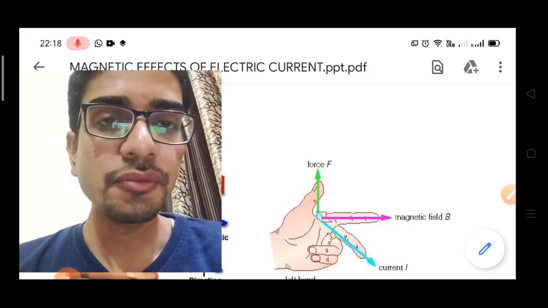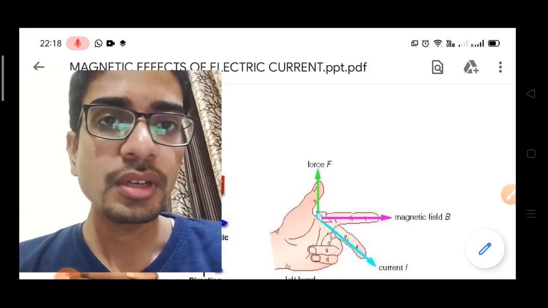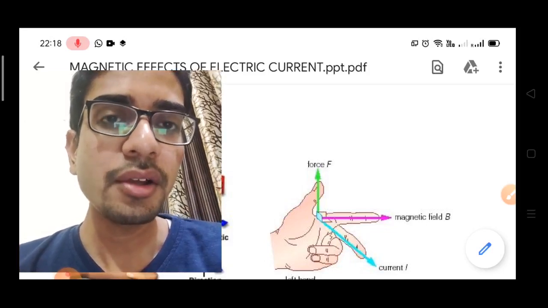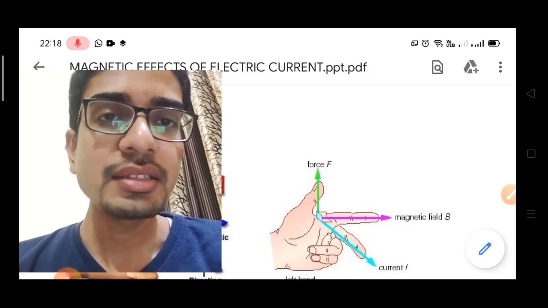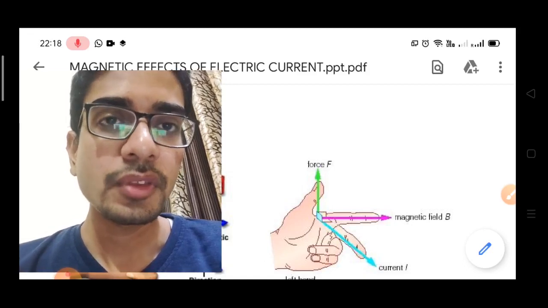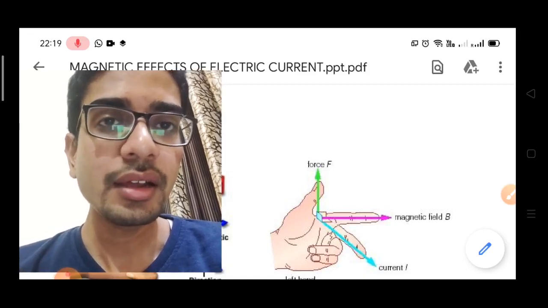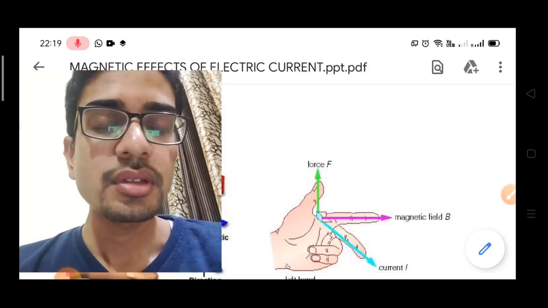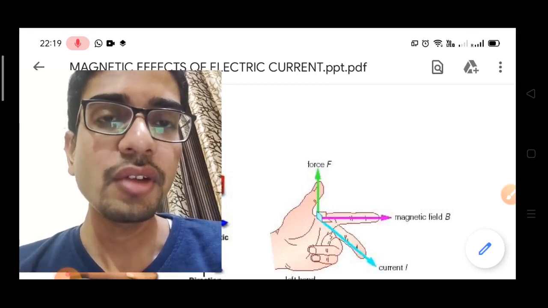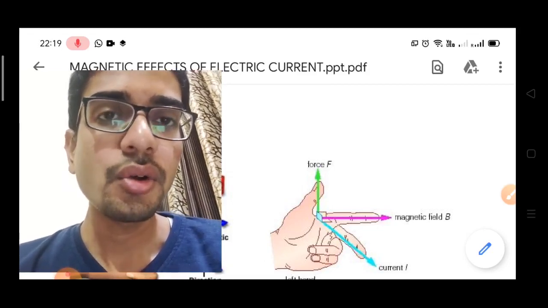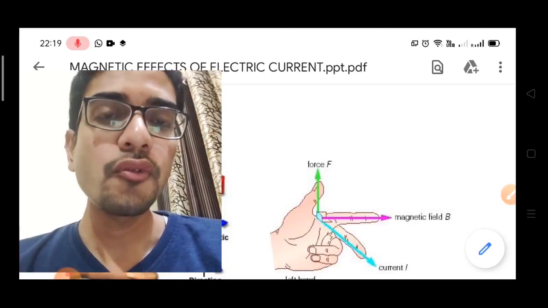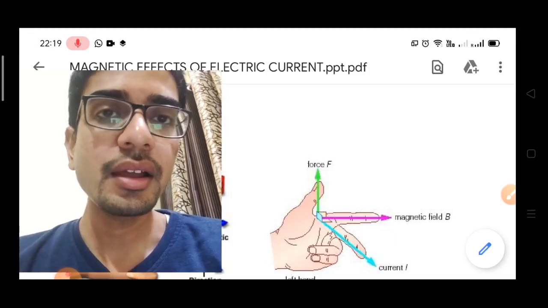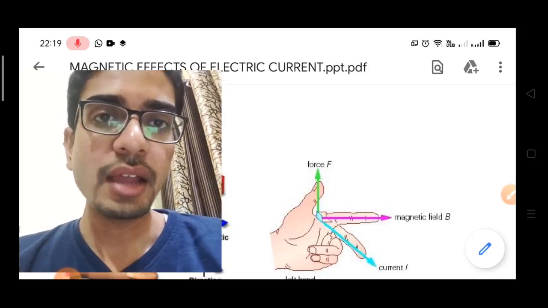When you switch on the switch, the fan starts rotating. How? Because there is some kind of magnet inside a fan. When a current carrying conductor is placed in a magnetic field, it experiences a force. So in this concept, the electric fan starts rotating because a force is being experienced by the current carrying conductor which is placed in the magnetic field.